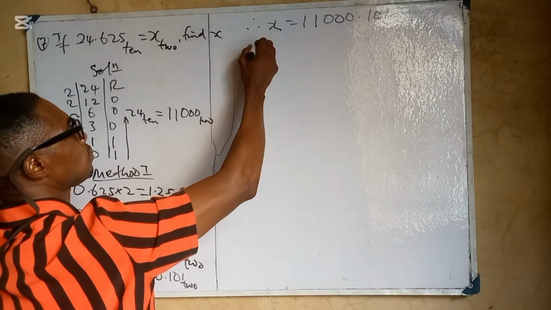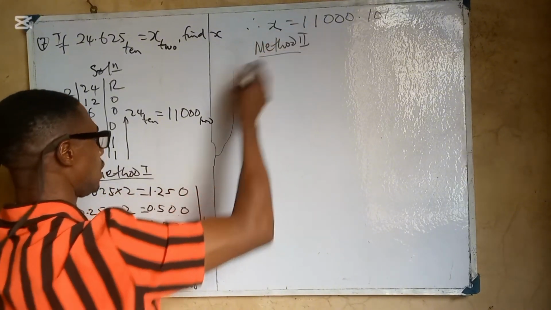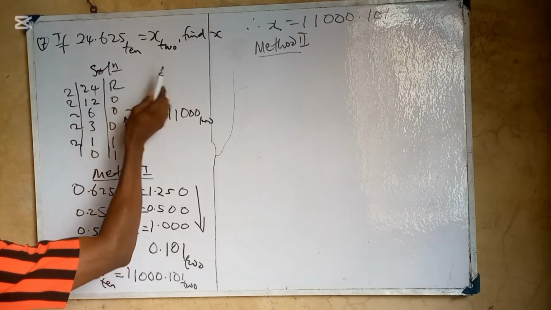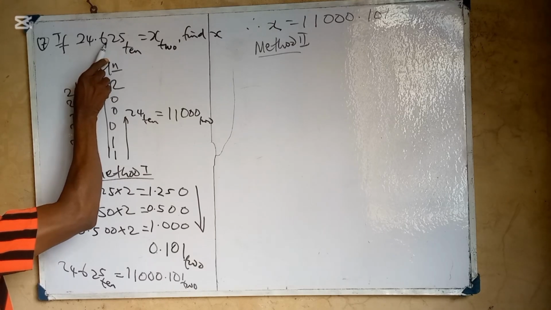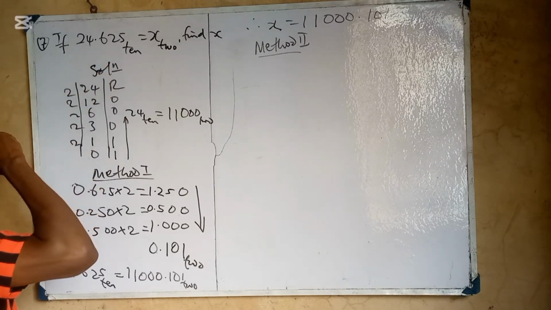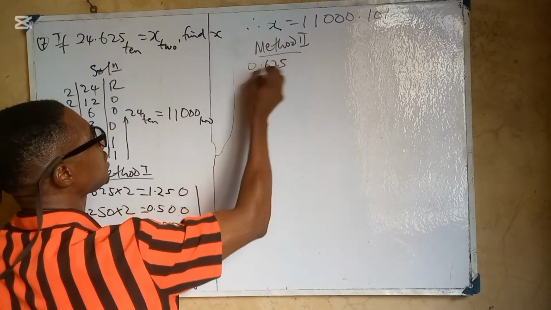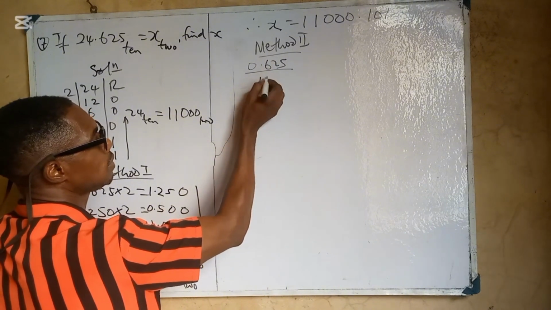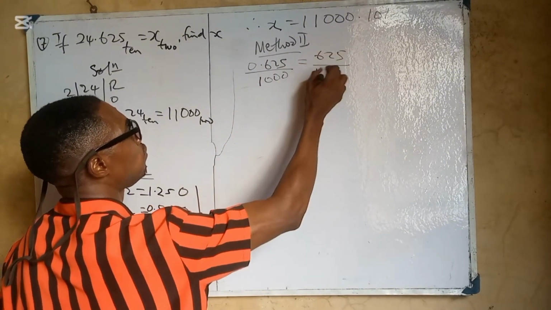The second method, method 2, right? Now, rather than doing it this way, convert this decimal, I mean the decimal, this one is still the same, convert this decimal to a fraction. So directly under the point, write 1, under this 0, 0, 0. So we have 625 over 1,000.